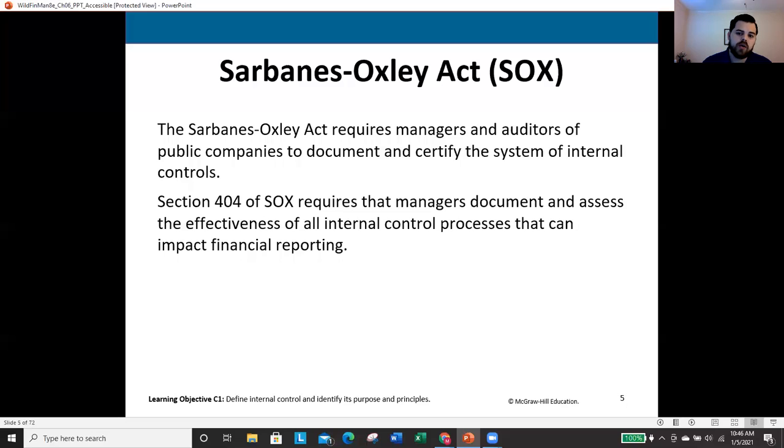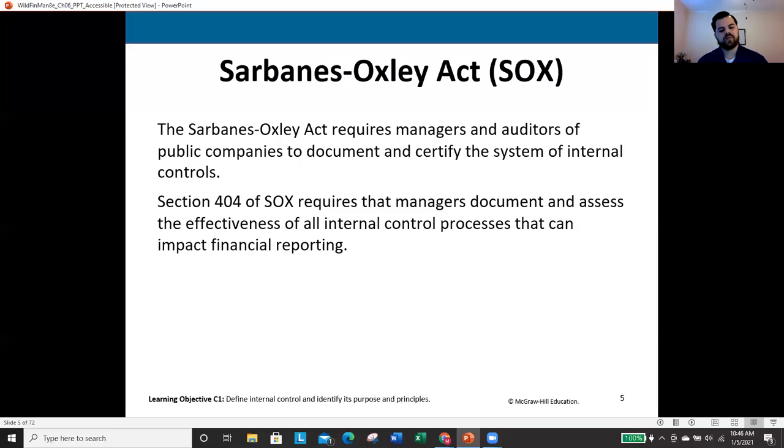The issue came, though, in the late 90s and early 2000s, when we started seeing several large accounting scandals pop up. At the time, we had Arthur Andersen, who was one of the largest accounting firms in the world then, auditing several companies, namely WorldCom and some others, who they were not really doing quality audits for.